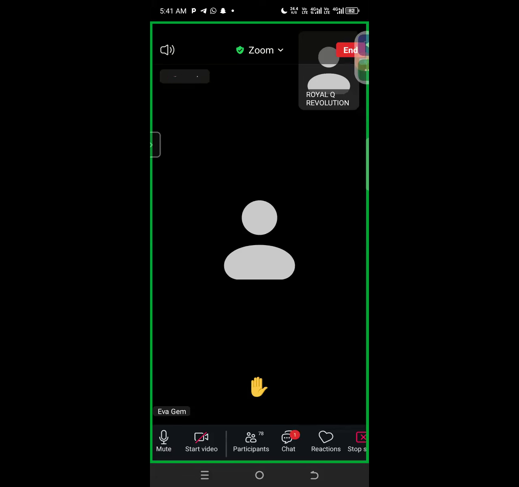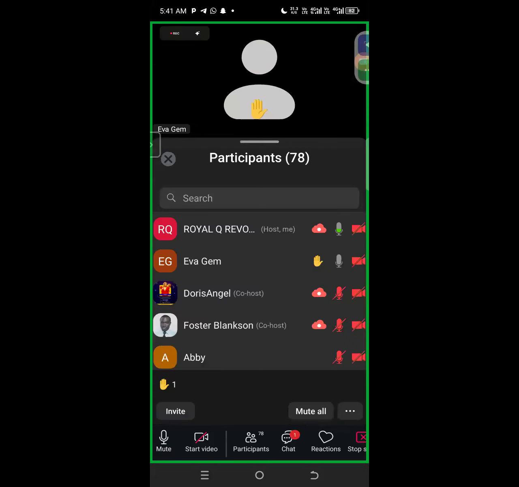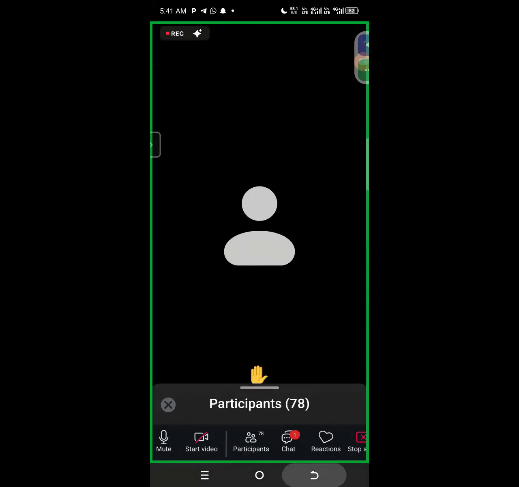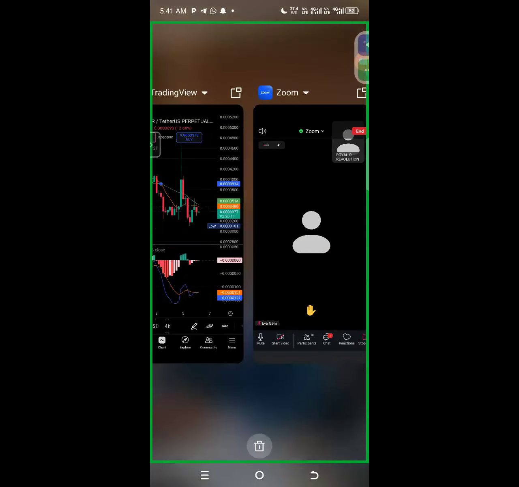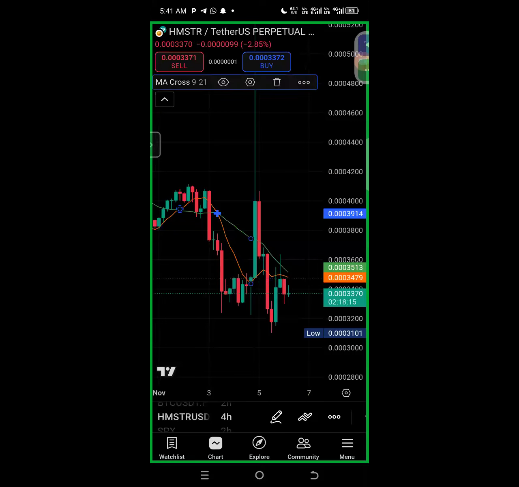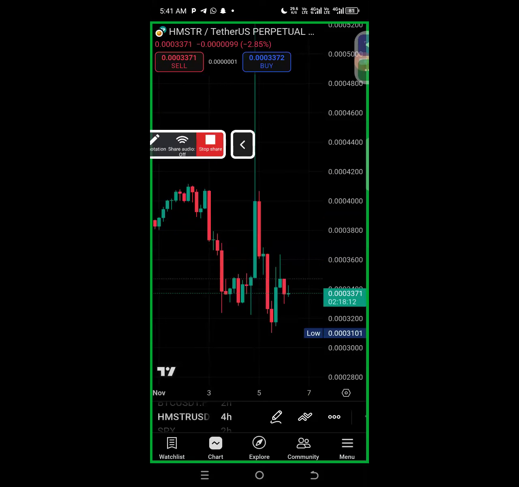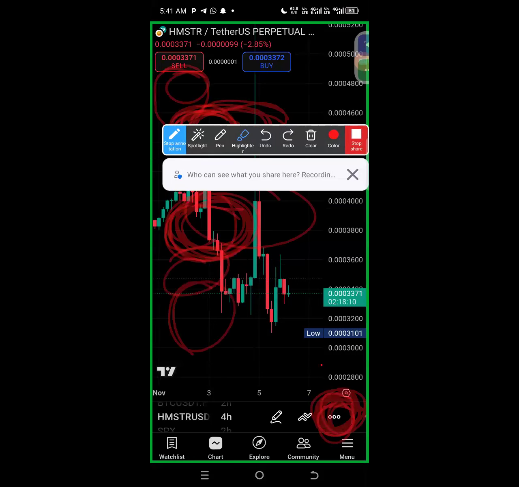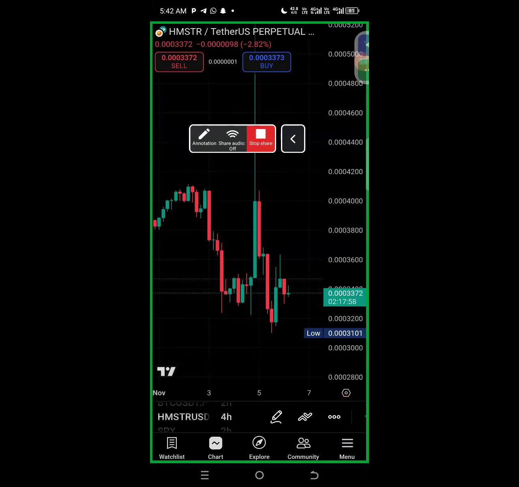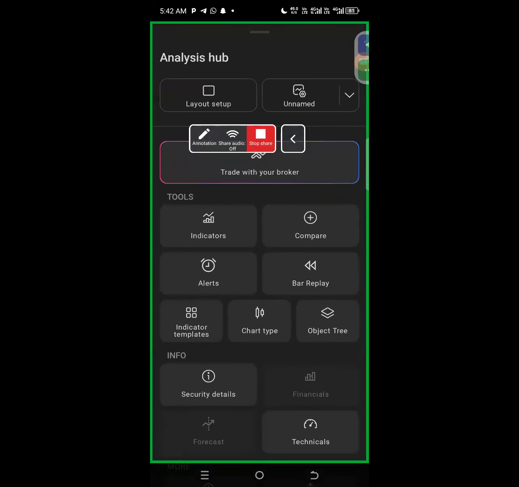Okay. All right. So I guess you are not doing it the right way. Let me clean off everything again. Pay attention once more. Now click on these three dots. After clicking on the three dots, click on indicators, right?